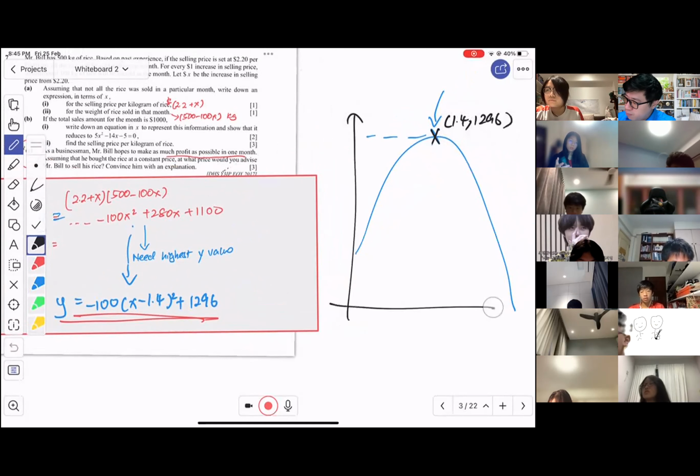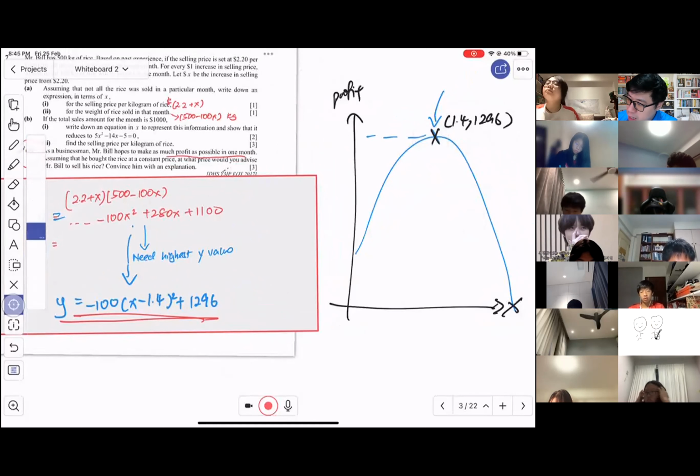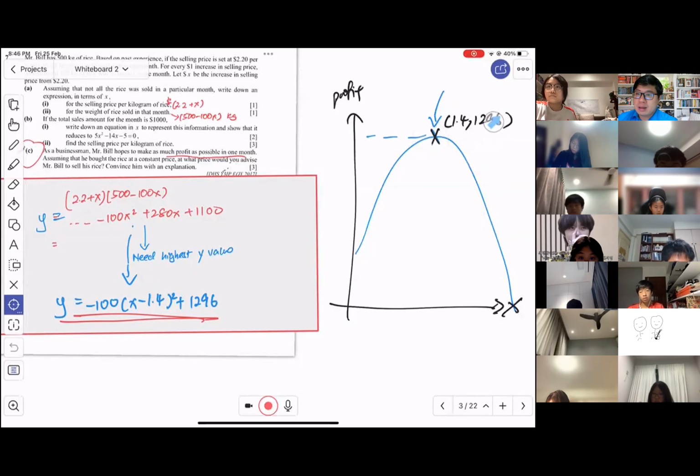So versus X, versus the profit, this is the maximum profit. This is the highest profit you can get in that month by looking at the Y coordinate of the turning point, because the Y coordinate of the turning point is the profit.